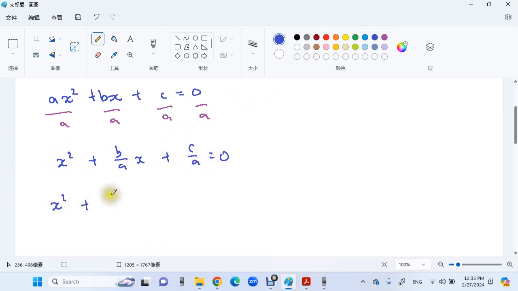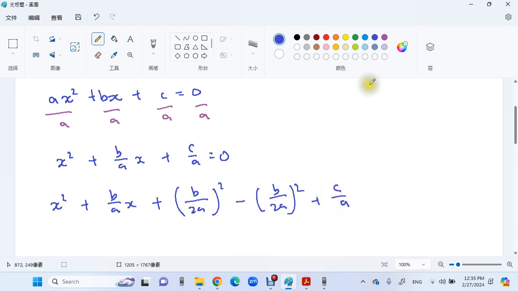Then we have x squared plus b over a x plus b over 2a squared minus b over 2a squared plus c over a. We take the b over a multiplied by half, then it will become b over 2a.